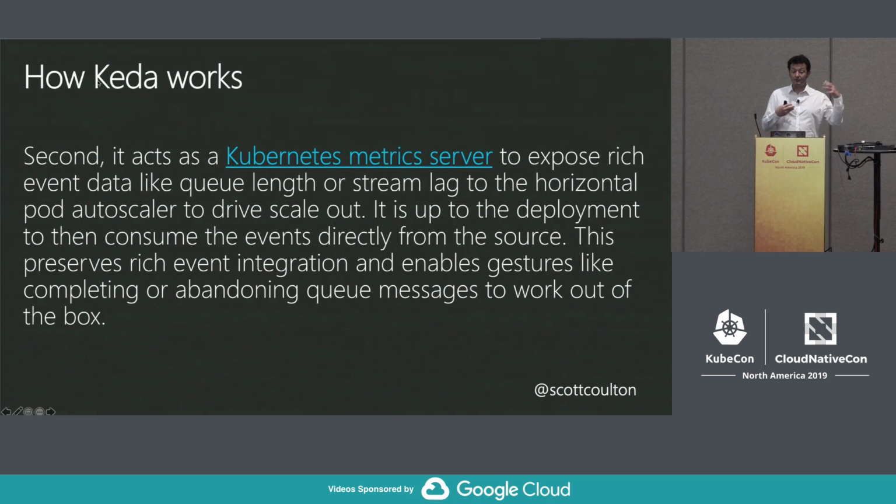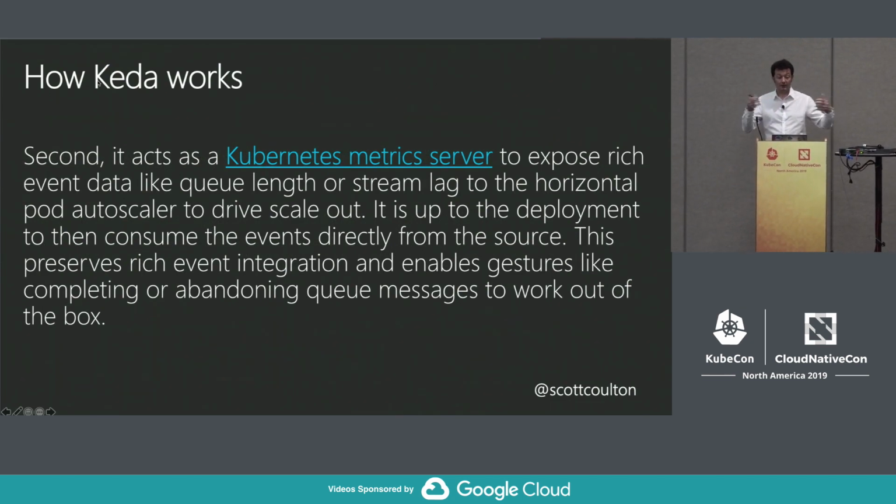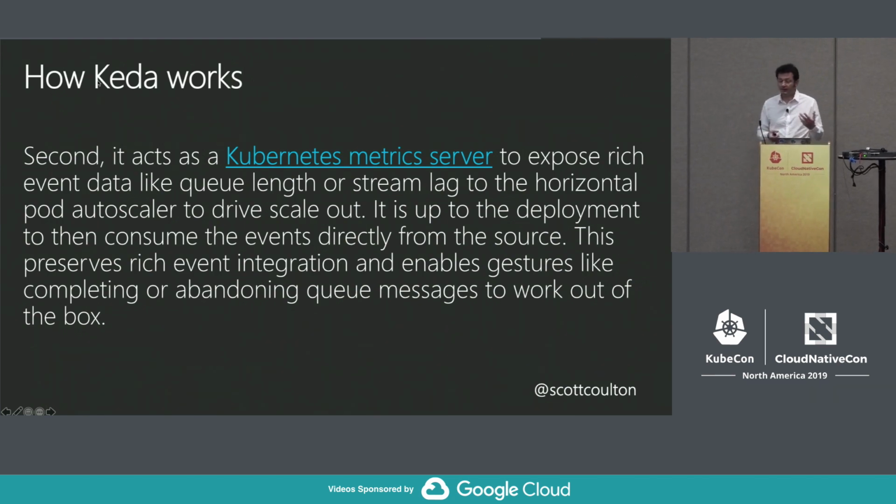And that is driving the pod autoscaler to scale up and down your deployments. So KEDA is leveraging the horizontal pod autoscaler behind the scenes. That's, I would say, one of the big differences with other serverless type of projects who are implementing their own for this. This is using the native Kubernetes primitives that are in there.